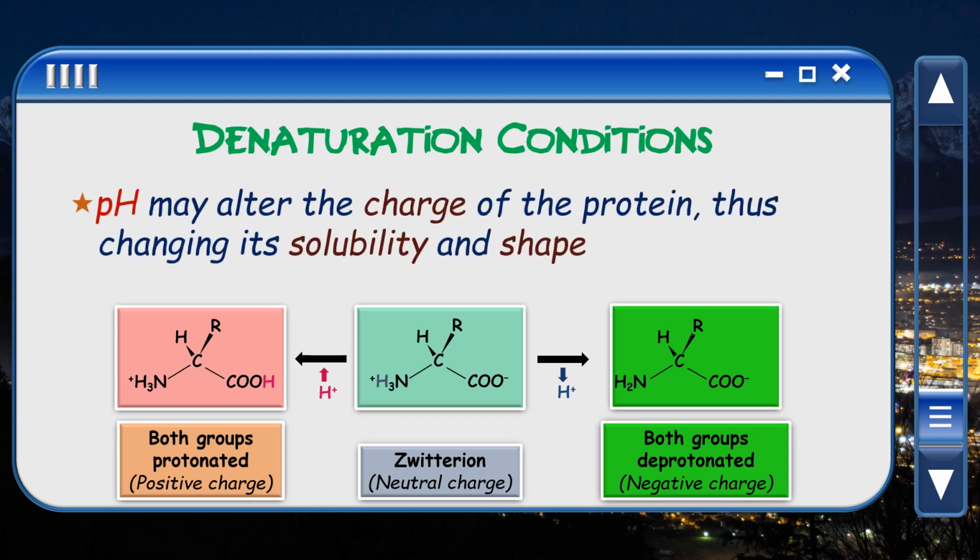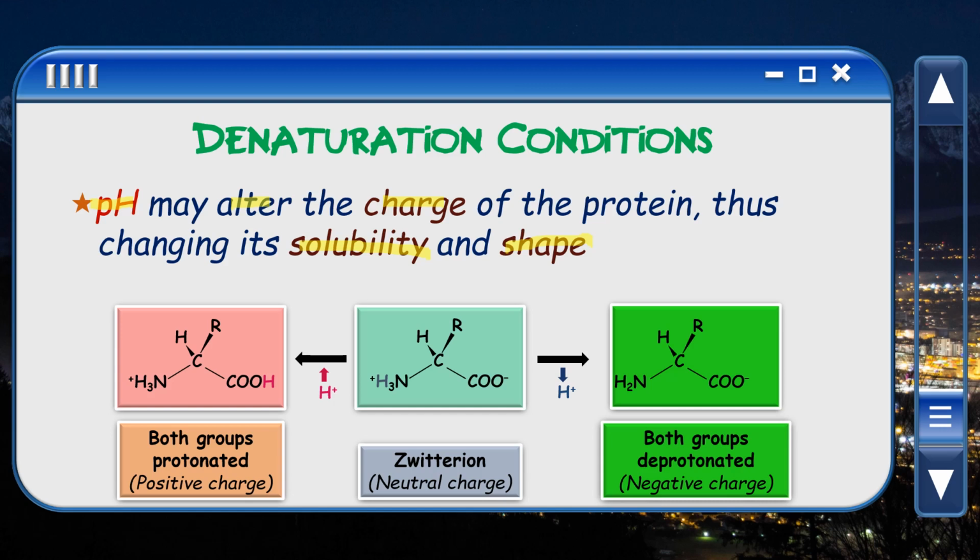pH may alter the charge. If there is a pH change, it may alter the charge of the protein, thus changing its solubility and shape. Apart from temperature, another condition that may change the conformation of a protein is the pH.